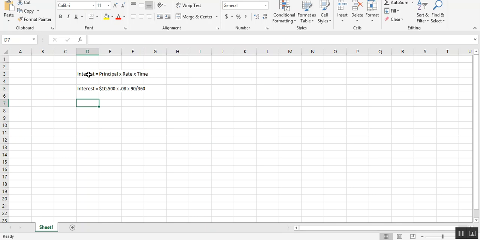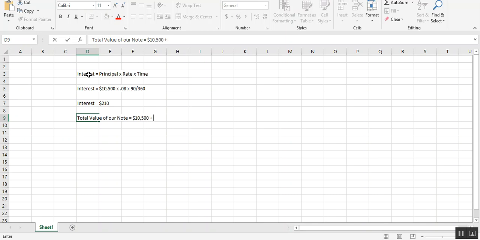Our interest, if we take the $10,500 times 8% times the 90 over 360, is $210. So the total value of our note equals $10,500 plus the interest, which is $210, equals $10,710.